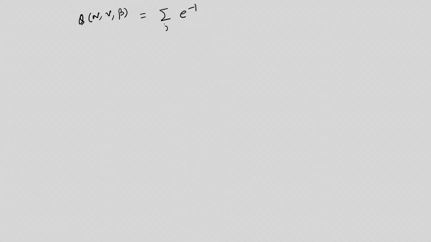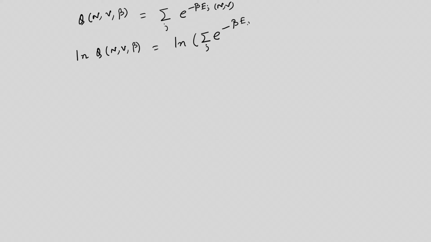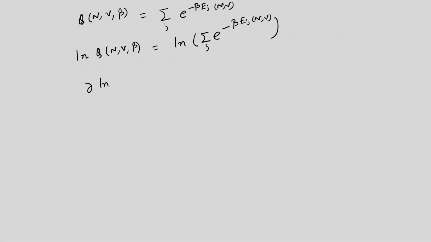Okay, so, we have Q. Now we take log base e of Q. Now we will differentiate ln Q with respect to beta, keeping number of particles and volume constant.